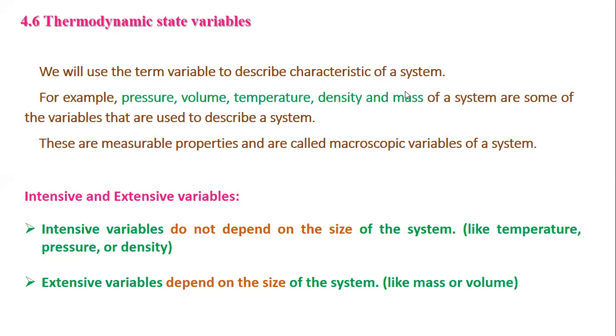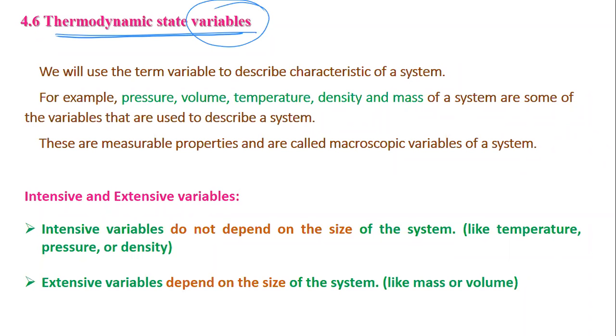Now the next article is thermodynamic state variables. This is very important. We will use the term variable to describe the characteristics of a system. When we are describing the system, we use variables. Variable means something which is changing.